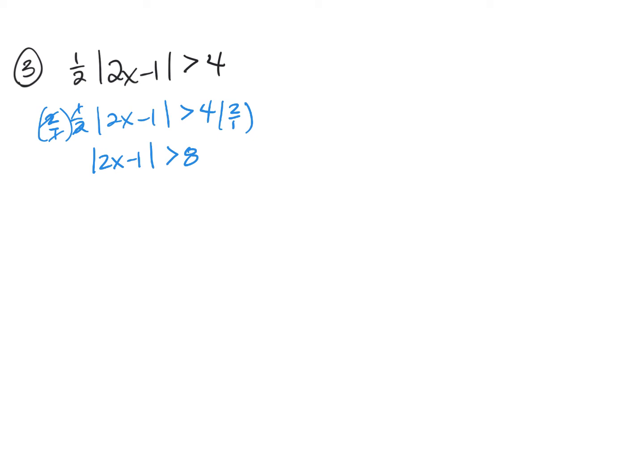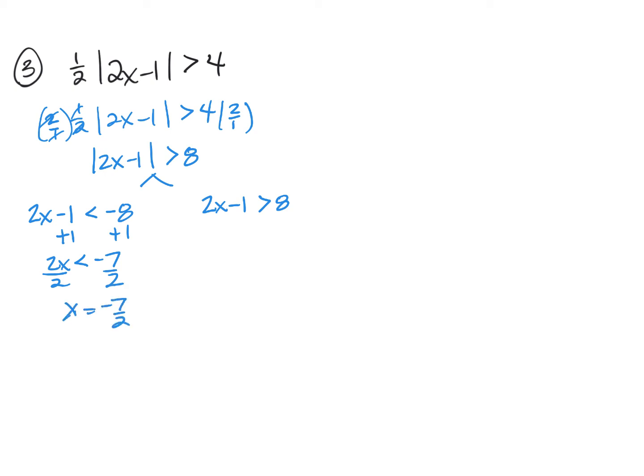Now I'm ready to split this up. So I'm going to have 2x minus 1. I'm changing to less than and making it negative 8. On the right, I'm going to do 2x minus 1 greater than positive 8. So I'm going to add 1 on the left. So I have 2x is less than negative 7. Divide by 2, x is less than negative 7 halves.